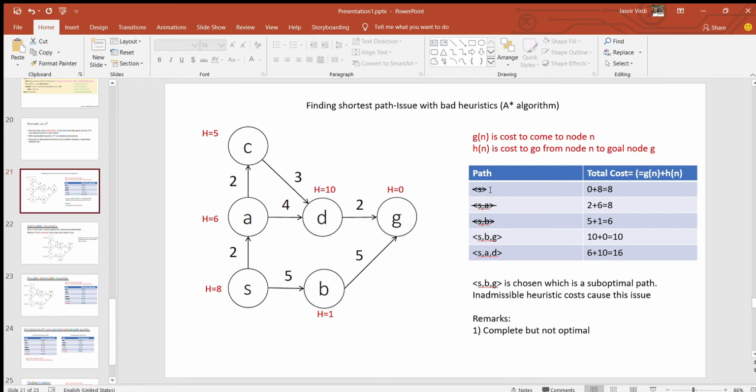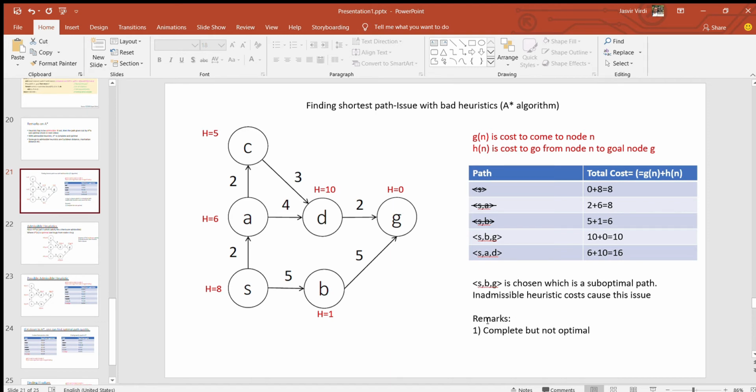If you go according to all the steps of the A-star algorithm, what you will observe is that the path this algorithm selects would be SBG for these heuristic costs, and that is a suboptimal path because the optimal path here is SADG, as we saw in the first two videos of this series.